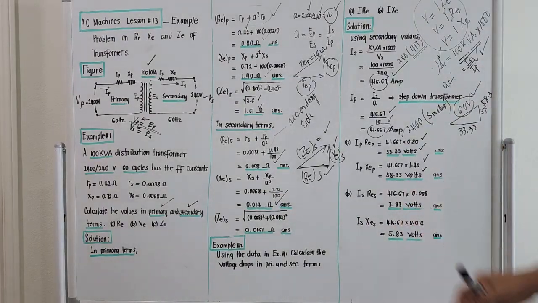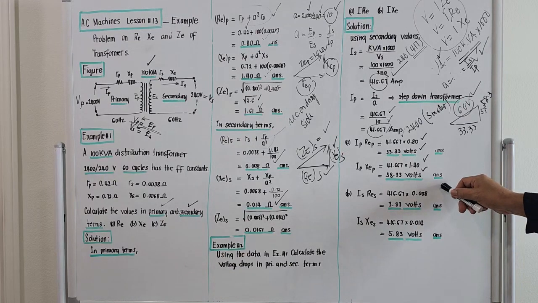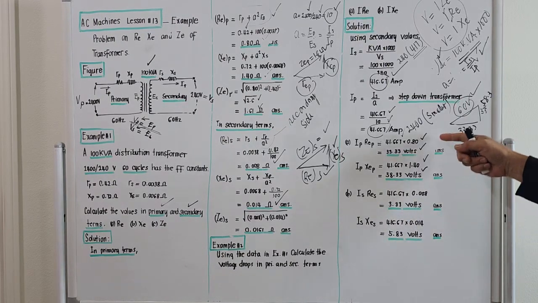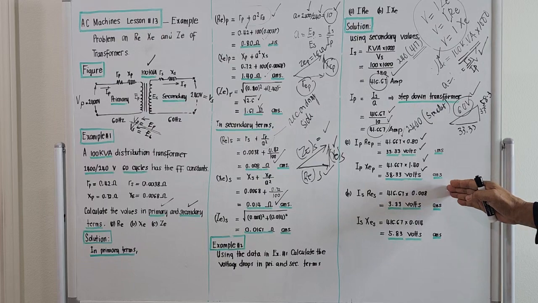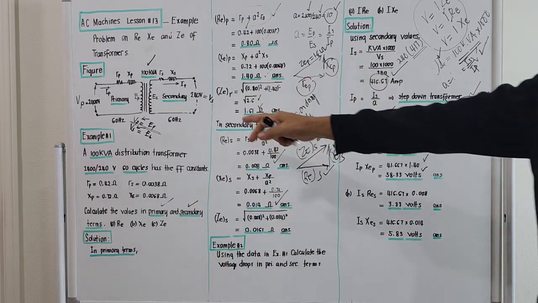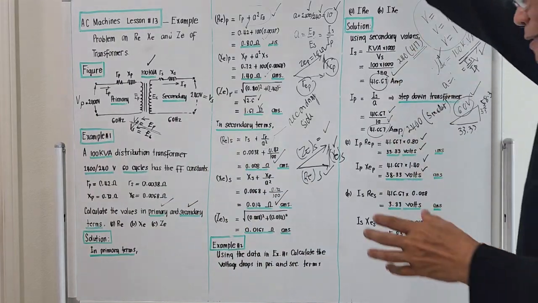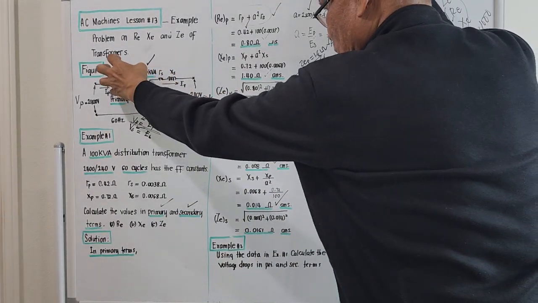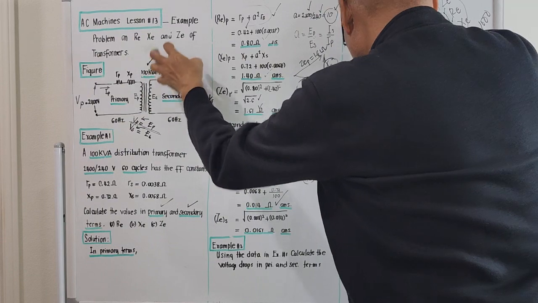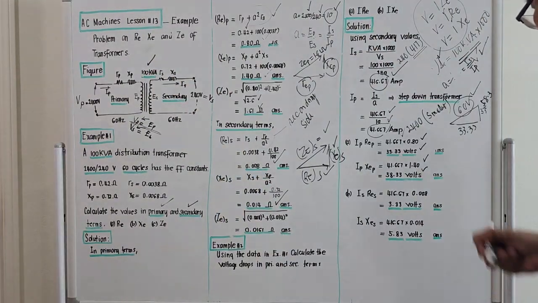As you can see, the voltage drops on the secondary are smaller compared to the primary side, because the voltage on the secondary side is smaller than the primary side. So the drop on the primary side is greater than the drop on the secondary side. So these are our answers.